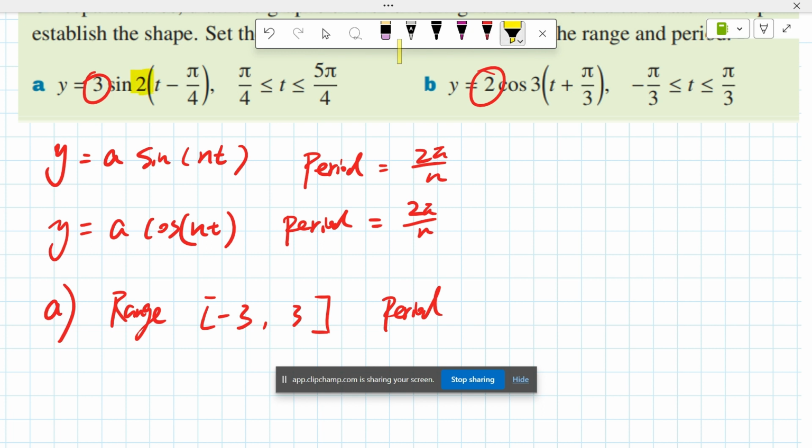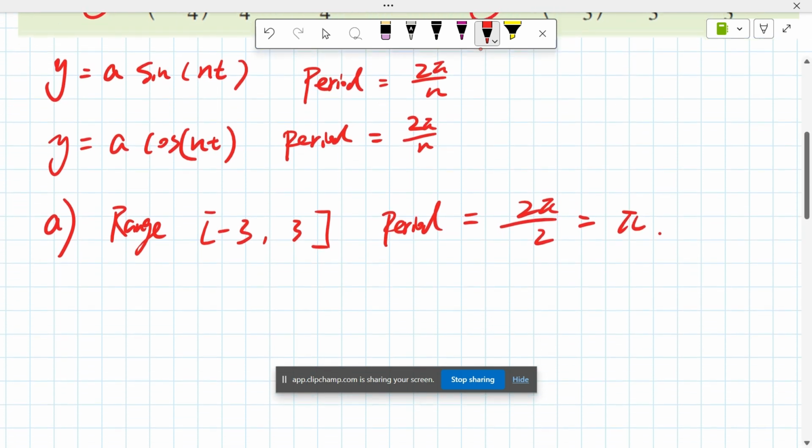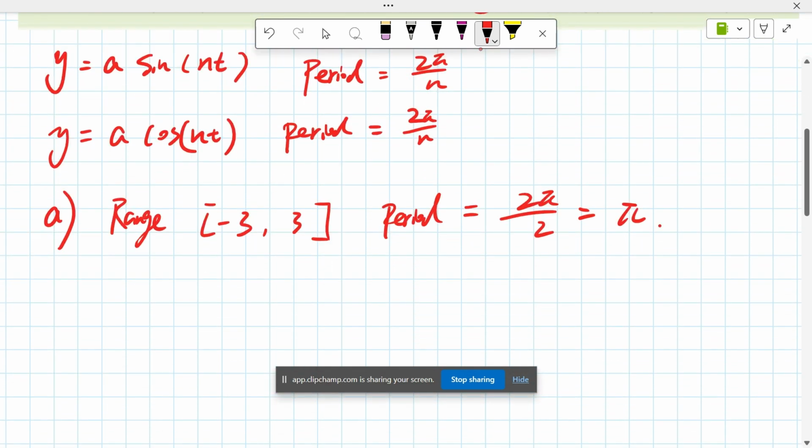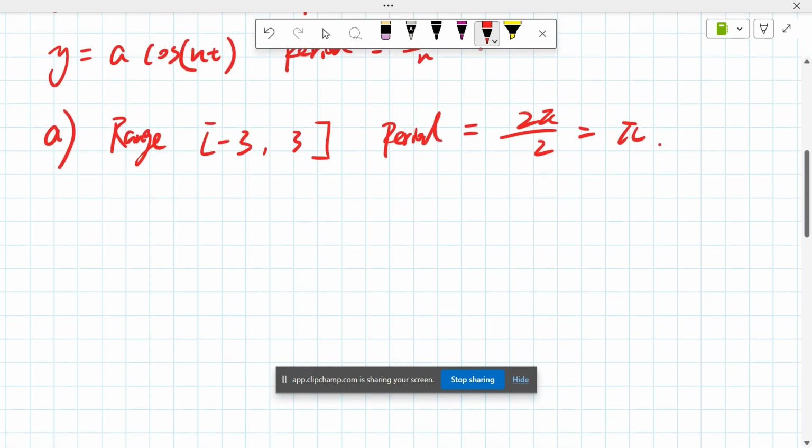Remember you had 2 in front of t, so we do 2 pi over 2, which equals pi. That's your period. Period means you start from the beginning point and come back to the same y values.